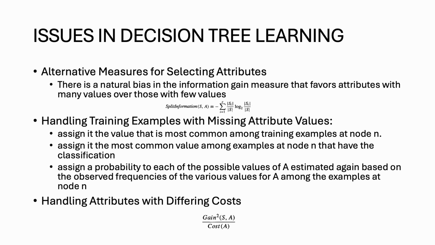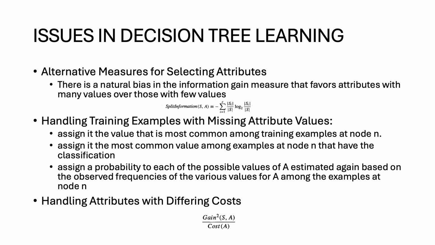It also has some capability of handling training examples with missing values. It can assign the value that is most common among training examples at node n, or it can assign the most common value among examples at node n that have the same classification.